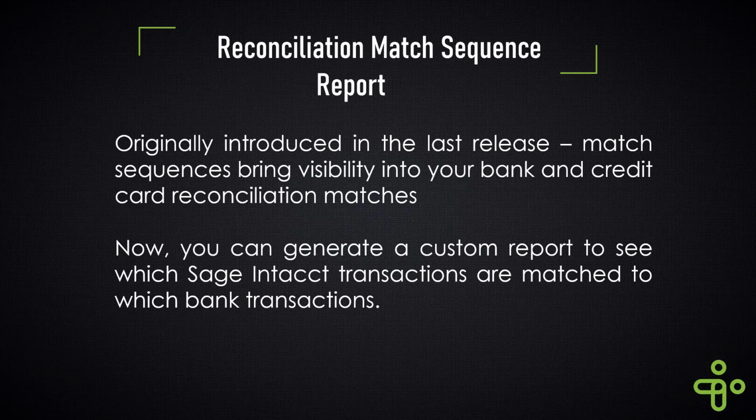It was done to bring visibility to your banking so that you knew what transactions were being matched off between your bank and your actual system. So now you can generate a custom report to see which Sage Intacct transactions are matched to which bank transactions. That's certainly going to make the reconciliation process, or understanding how the matches were created, a lot easier.